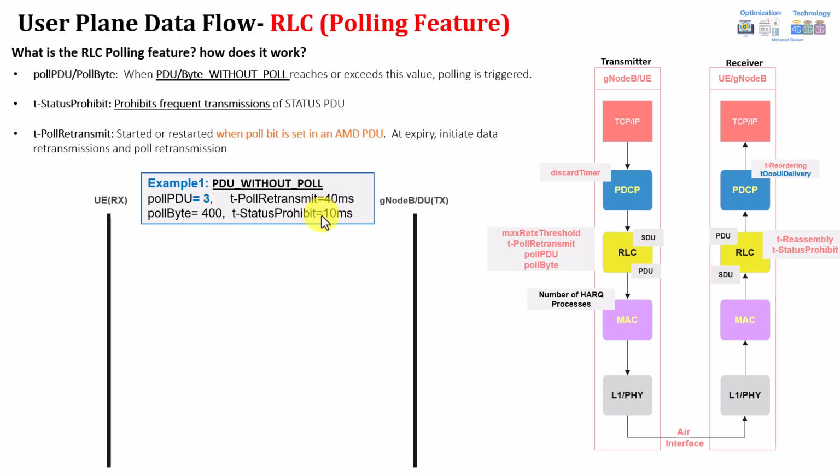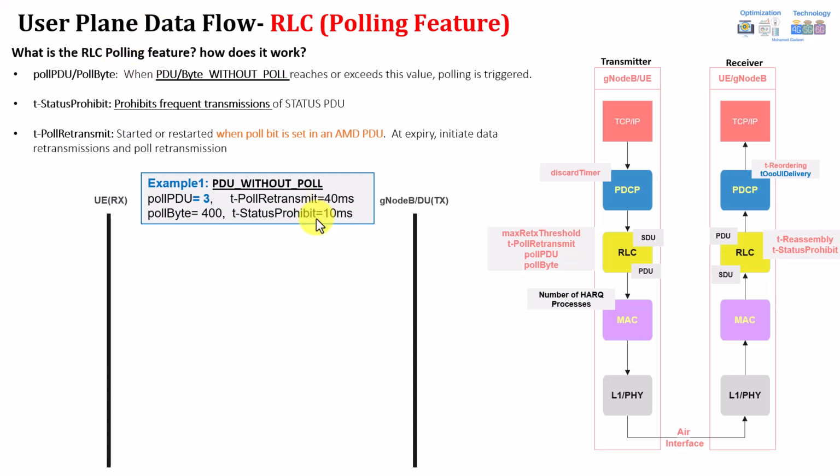I will explain with an actual example. You have poll PDU and poll byte, which are these two parameters at the transmitter. This explains when the transmitter will decide to request the receiver to send a status report, a feedback about the transmitted packets, whether they were acknowledged or not.